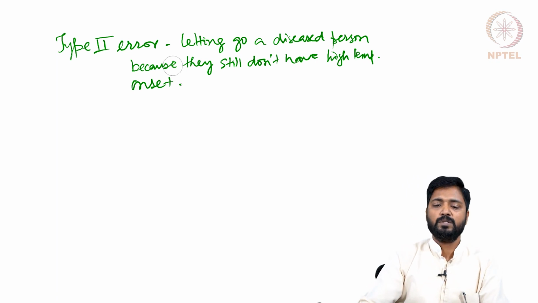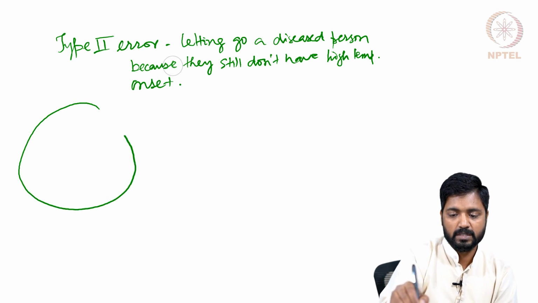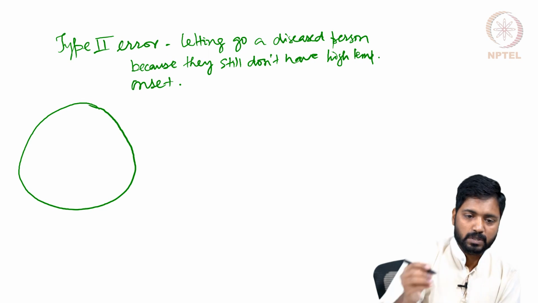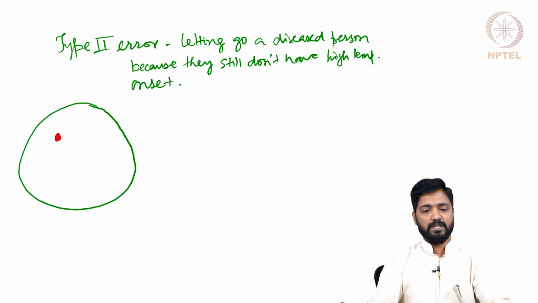So, if I draw a Venn diagram of this situation, this is the whole population that we have, and suppose we have the people who have the disease represented by this red region.